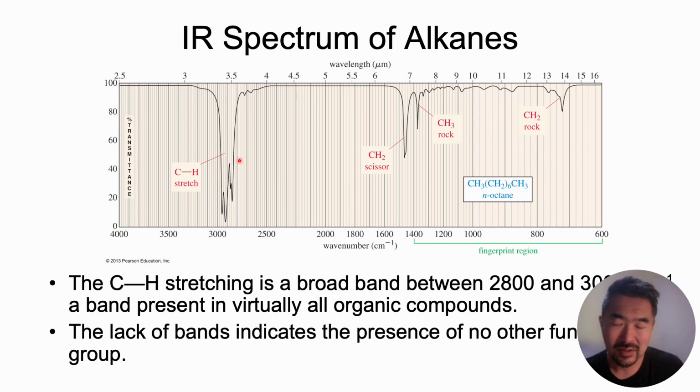I might keep interchangeably saying functional groups instead of bonds, but technically what you're seeing in IR is different types of bonds, not necessarily functional groups, but different types of bonds are unique to each functional group. So in essence, it's kind of interchangeable, or synonymous, but not exactly. I just want you to be aware of that nuance.